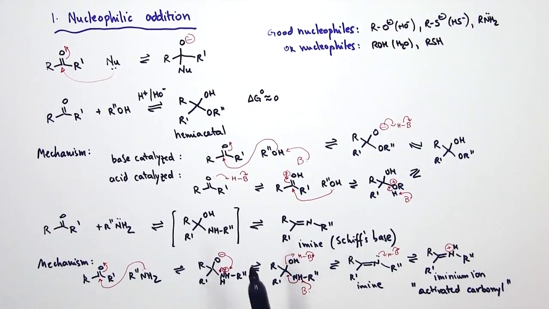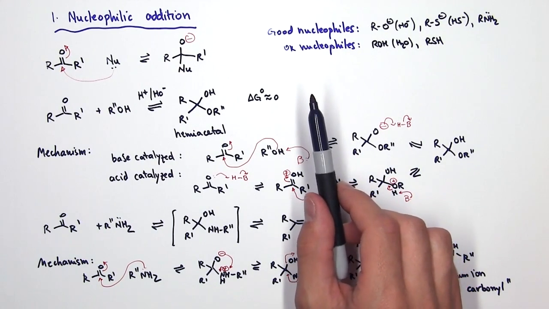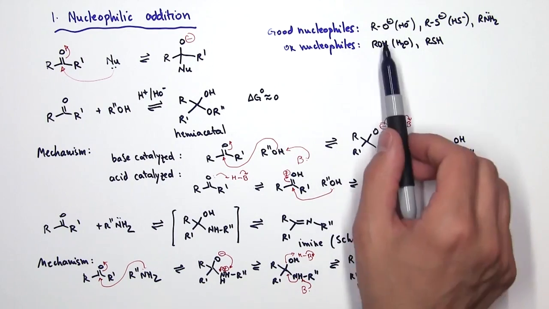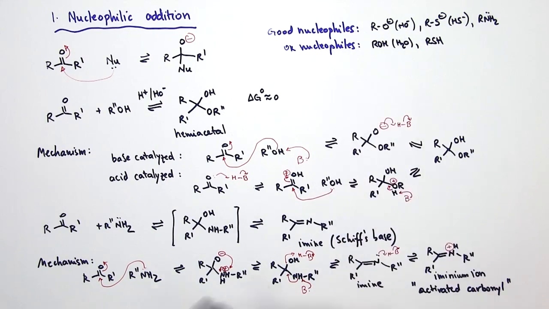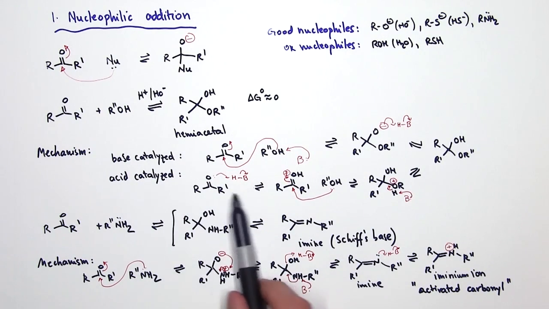As you saw in these couple of mechanisms, the okay nucleophiles don't react very well unless they are either deprotonated to form good nucleophiles, such as the alcohols, or the carbonyl gets activated either by protonation in a strong acid, as we saw here, or it becomes an activated carbonyl, for example, in an iminium ion.